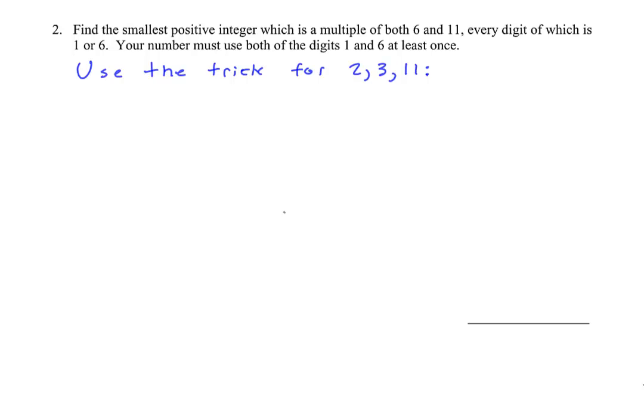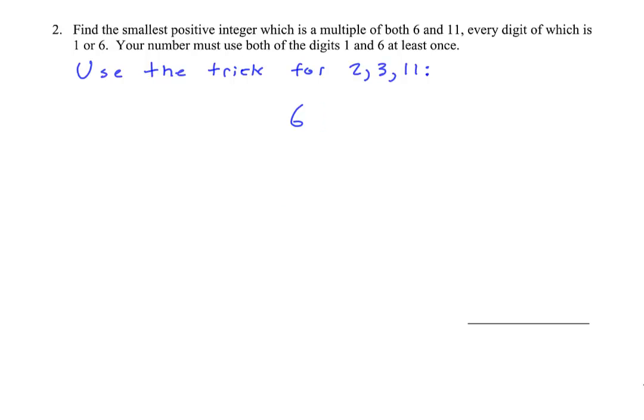Okay, so the trick for 2 tells us that the last digit has to be an even digit. Now we're only supposed to use 1 and 6, and we're supposed to use a 1 and a 6 at least once. So the very last digit of our number has to be a 6. It can't be a 1 because then it's not divisible by 2 anymore.